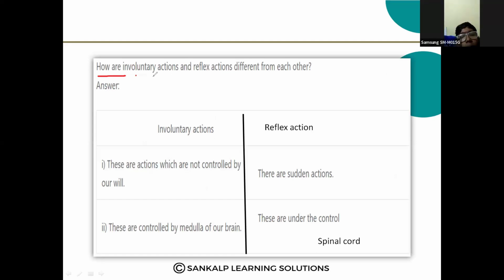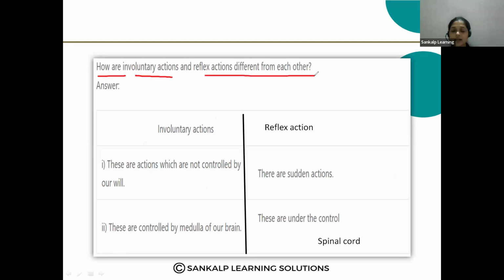How are involuntary actions and reflex actions different from each other? See the question. You should write the difference between involuntary actions and reflex actions. What do you mean by involuntary actions? Can you give an example for that? Anybody?